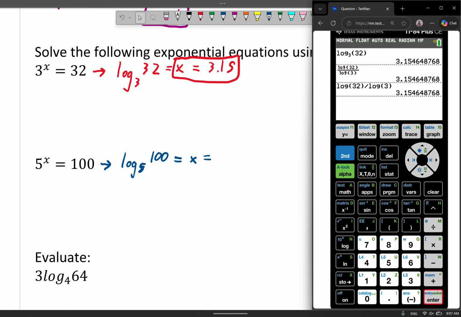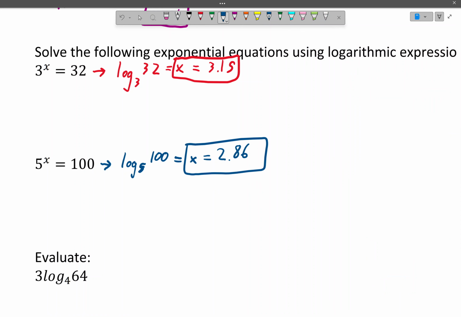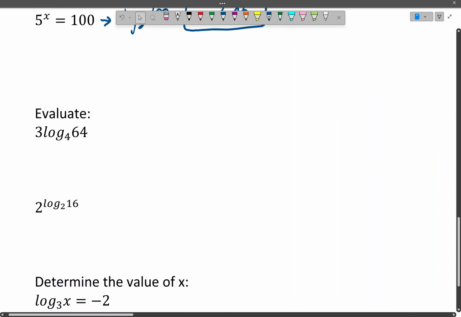So math, and then you go up 3 times, and then you just type it in. It's going to be 2.86. Awesome.